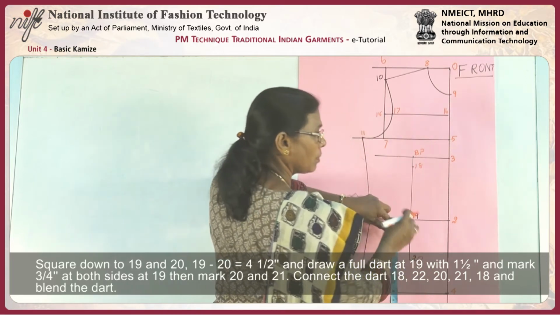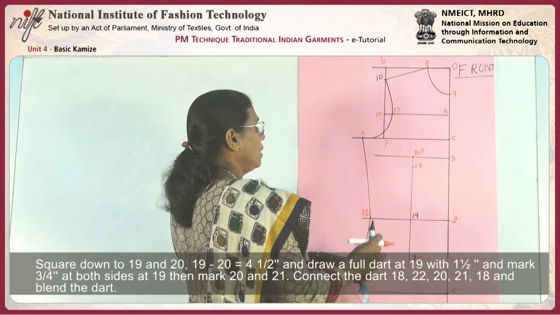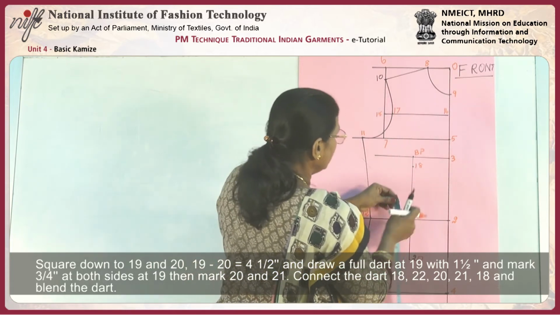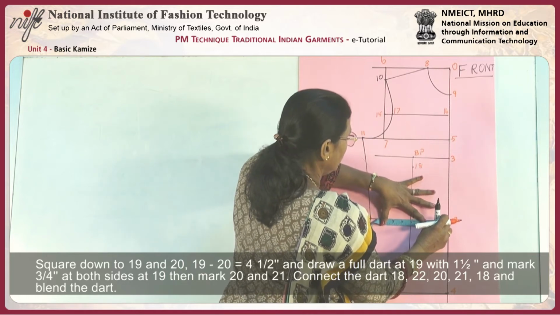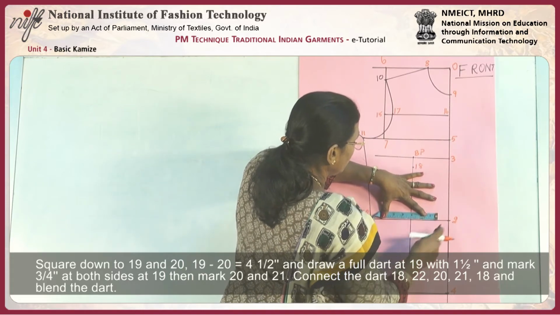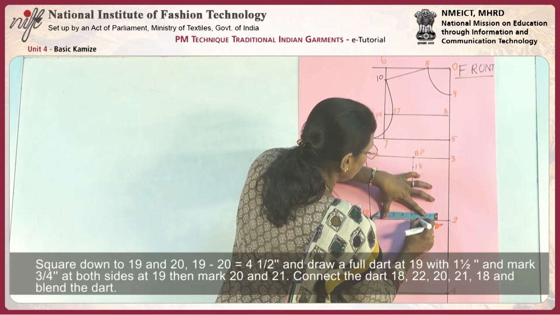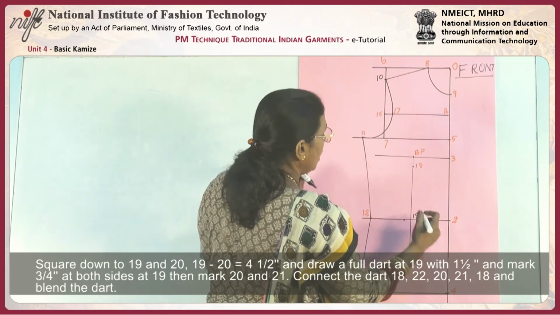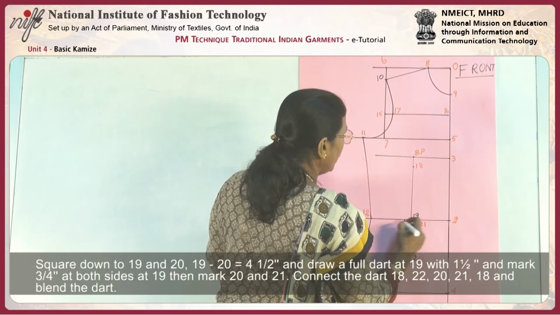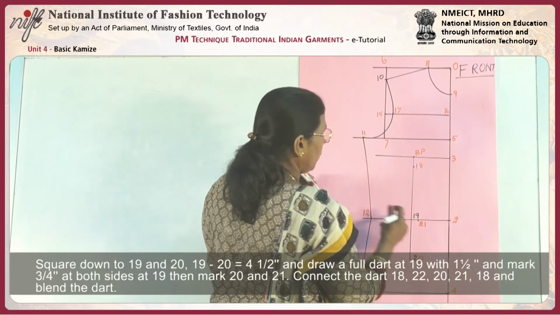And the dart intake is 1.5 inches, which should be marked 3/4 and 3/4 on both sides and mark 21, 22.